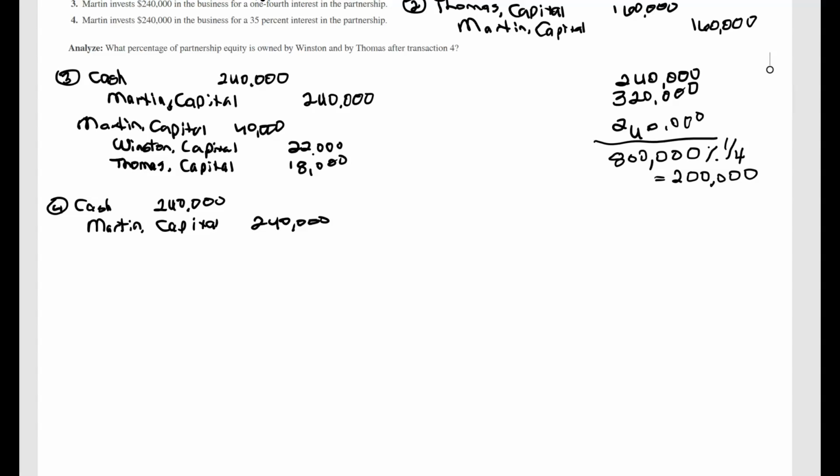We already know the percentage: $22,000 for Winston and $18,000 for Thomas, because we calculated that in number 3. But in this transaction, instead of crediting Winston and Thomas, we're going to be debiting their capital accounts because they're paying the $40,000 to Martin in this case.